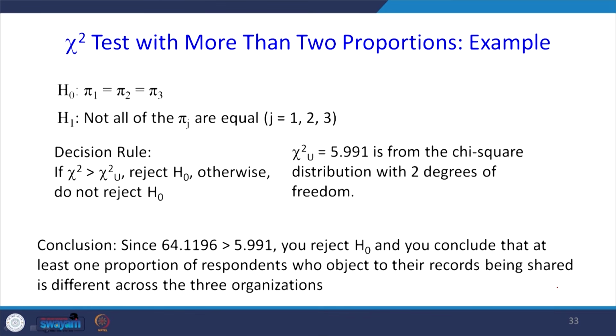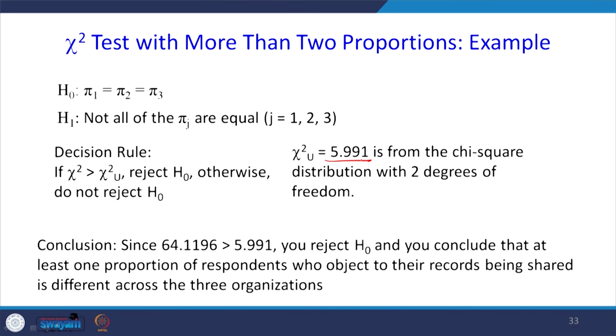As I told you, pi 1 equal to pi 2 equal to pi 3. The alternate hypothesis is that not all of the pi j are equal. Decision rule: if the calculated chi-square value is greater than the table value, reject H naught, otherwise do not reject it. What is the degrees of freedom?